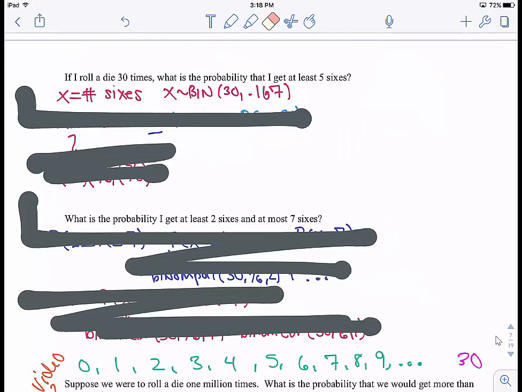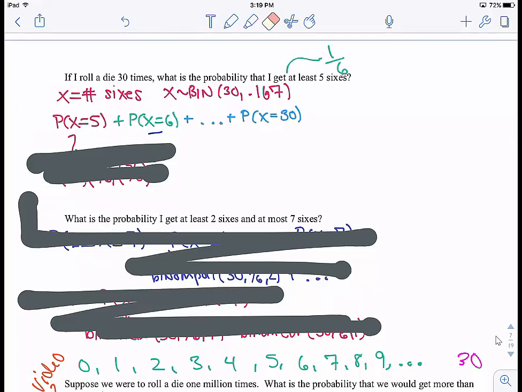Let's look at this next example. If you roll a die 30 times, what is the probability that I get at least 5 6s? So again, the X is the number of sixes, and X is approximately binomial distributed with a chance of success of 0.167, or 1 out of 6.